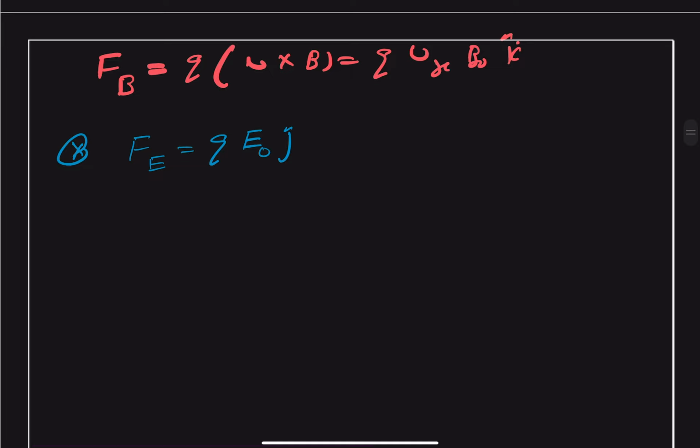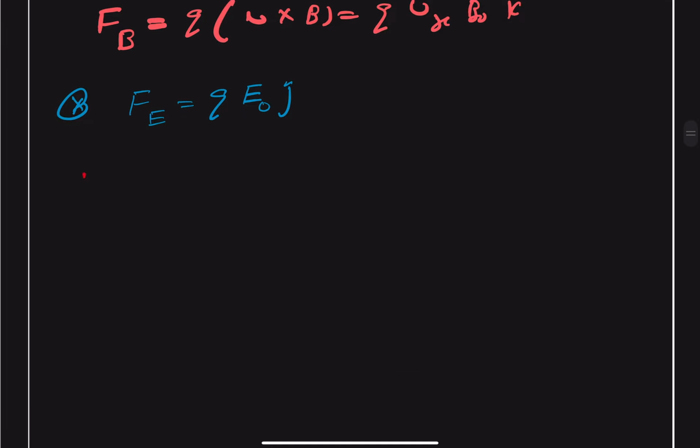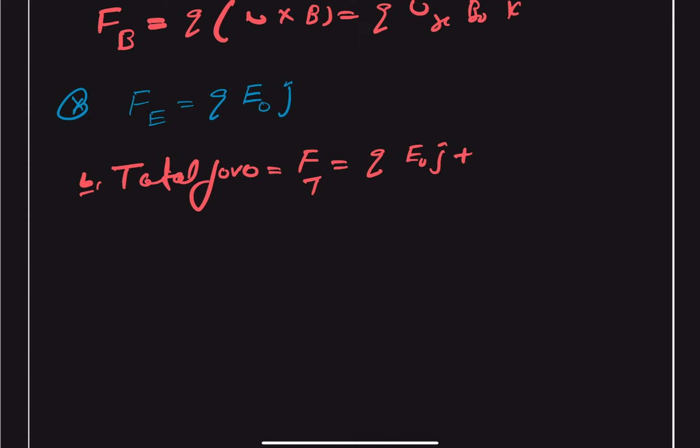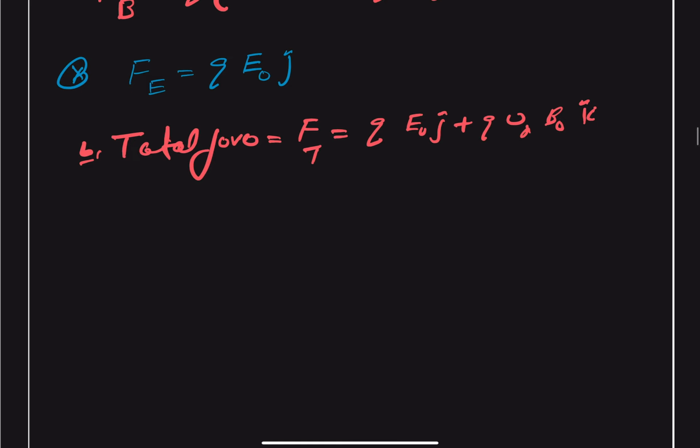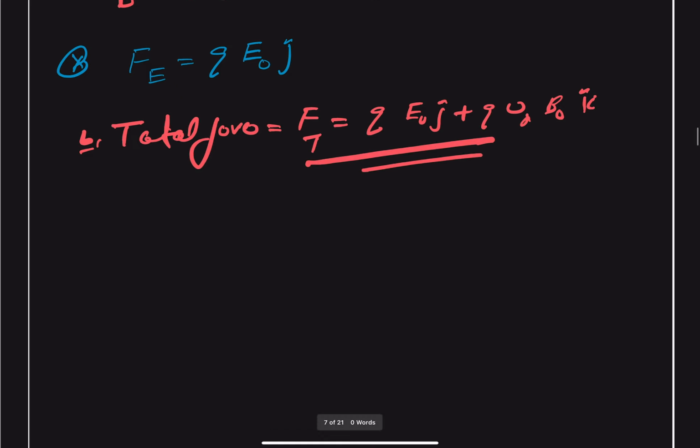Therefore, the total force, called Ft, will be equal to Q E naught j plus Q Vx B naught k. So this is the total force. And let's take the options one by one and try to sort out which one is the correct one.